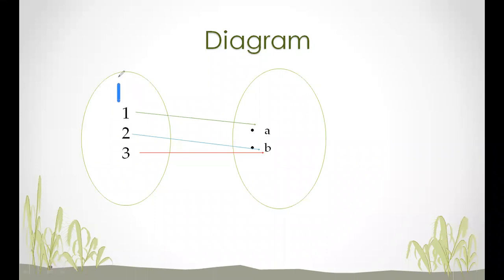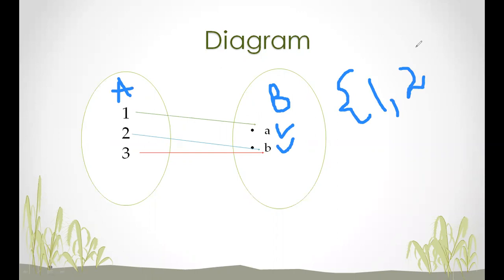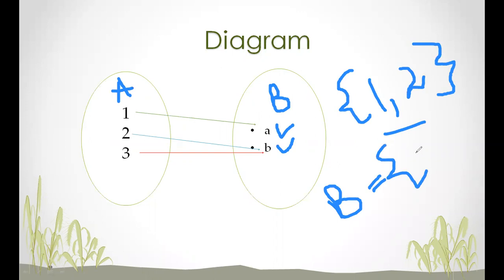This is our set A, and this is our set B. Our range is A and B, because the range consists of those elements which become the images of the first set. And here the set B is also equal to 1 and 2.